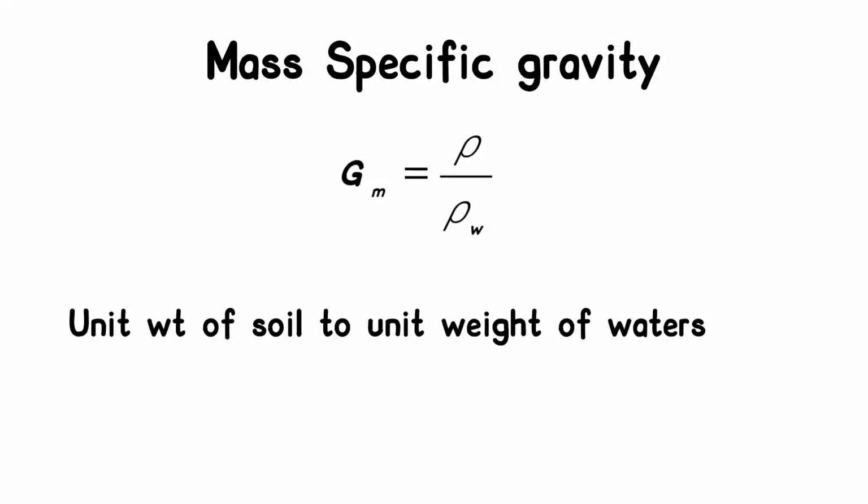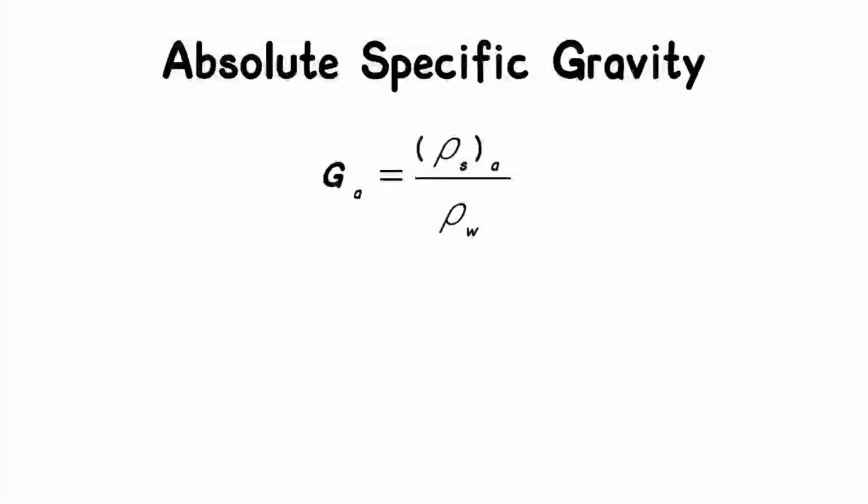Alright. So Gm is the ratio of the mass density of the soil as a whole divided by the mass density of water. Or you can define Gm as the ratio of unit weight of soil to unit weight of water, that is gamma divided by gamma W.